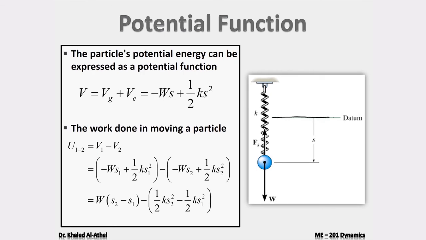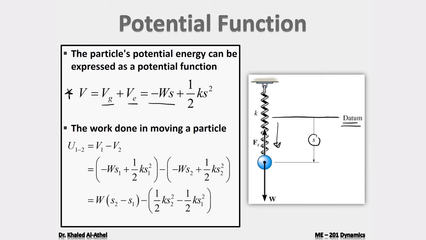I'm going to pick the datum here. The difference is S, and the spring is being stretched. So in this case, I have V equal to Vg plus Ve. What is Vg? I am below the datum, so I have minus Ws plus half Ks square. It's always plus half Ks square.